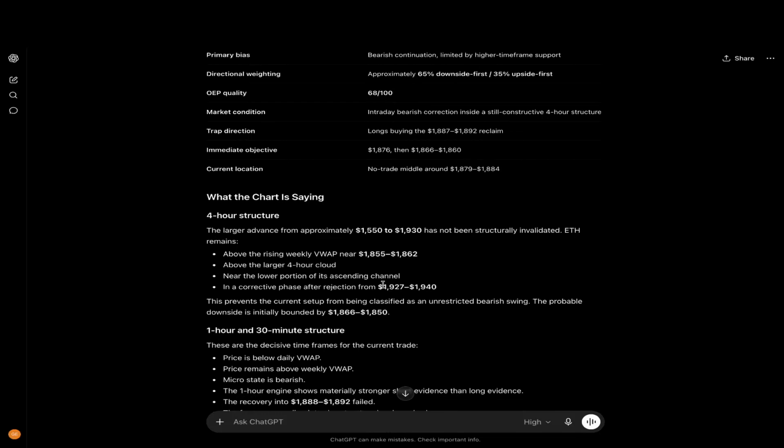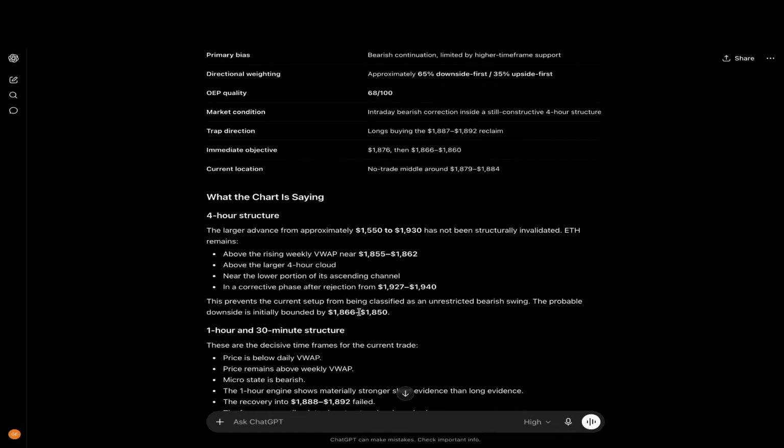And this may be for a long-term hold, not necessarily for an options trade, because there is still room for the price to go down. So we're currently in a corrective phase after the rejection of 1,927 through $1,940. Basically, there was a lot of selling when the price of Ethereum went up to $1,927 in the $1,940 range.